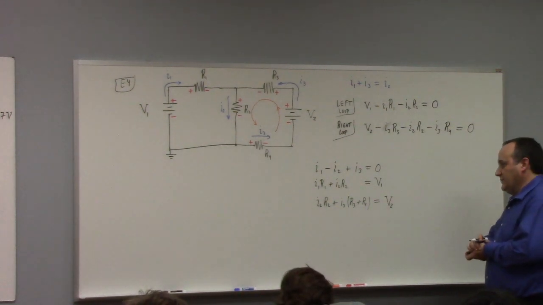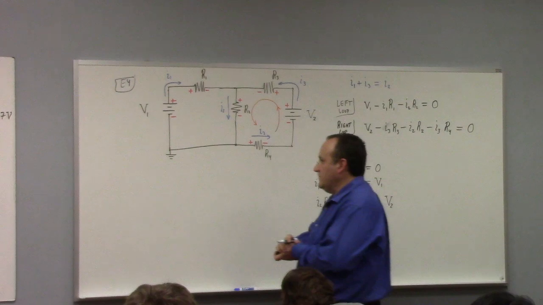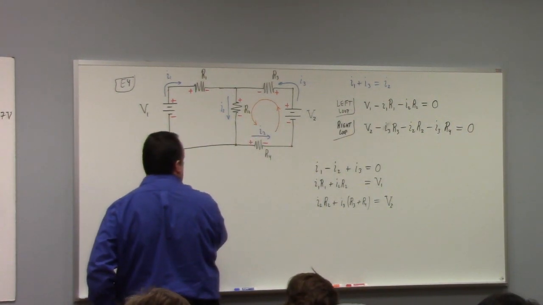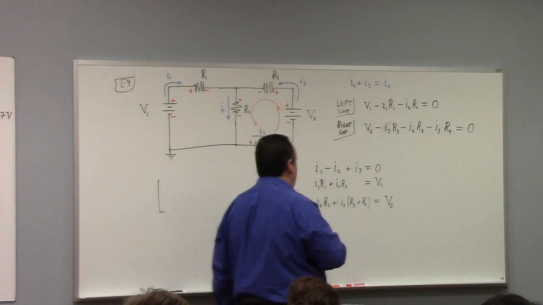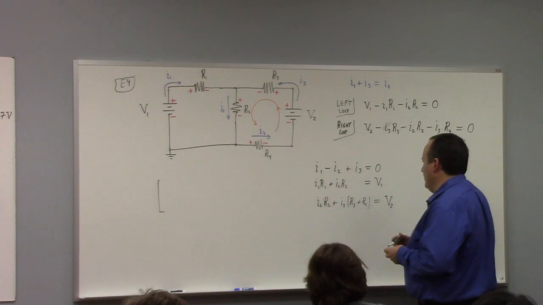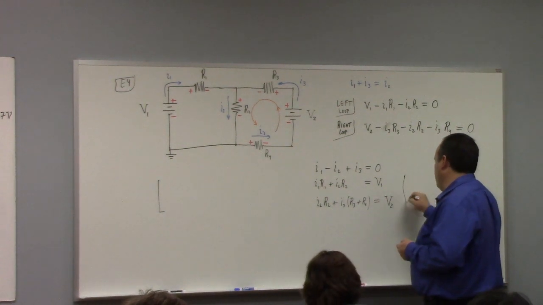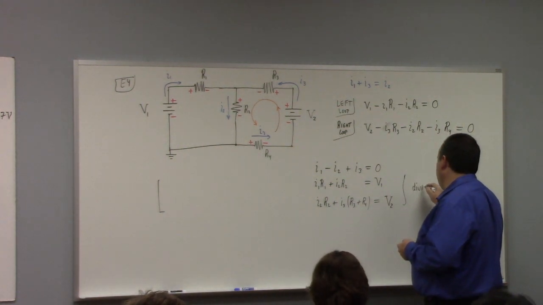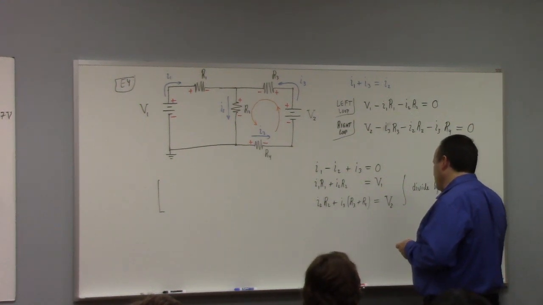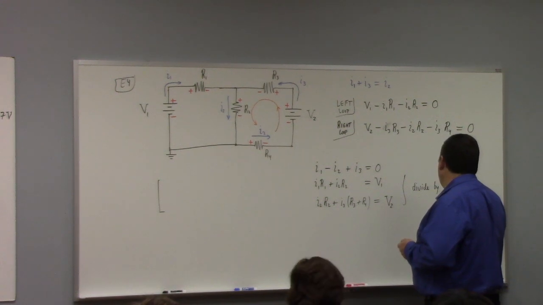Some of you guys are saying, well, I should use matrix techniques. I totally agree with you. So we should really look at this as something like, well, one thing we could do is divide by, for example, a kilo ohm.